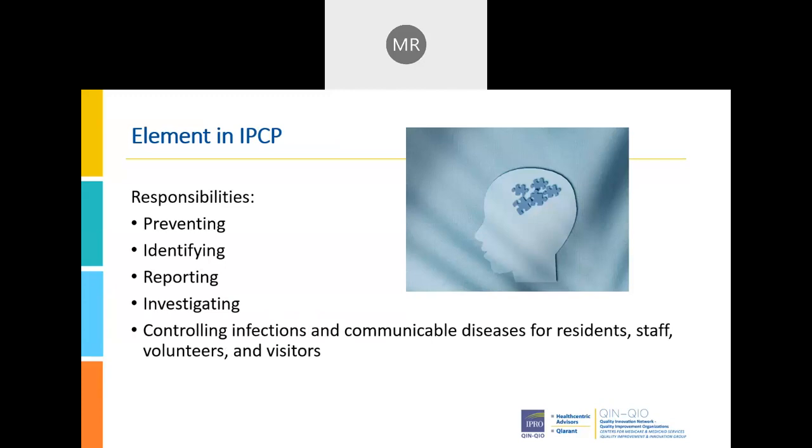You want to make sure you have a process to prevent, identify, report, investigate, and control infections and communicable diseases for everyone. So you're not just responsible for the residents, you're responsible for the residents, the staff, the volunteers, and visitors. This plan needs to be concrete, so you are protecting all that are coming to the building.